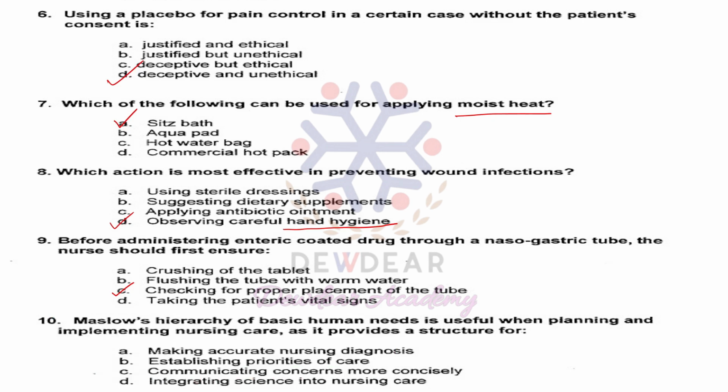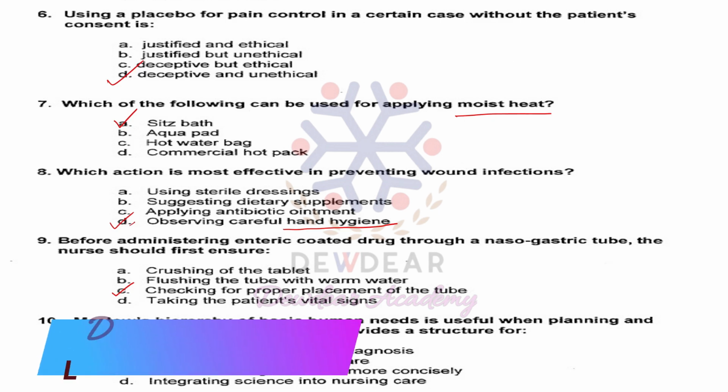So here the question is regarding Maslow's hierarchy of needs. When planning and implementing nursing care based on this hierarchy of basic human needs, it is providing the structure for what? Whether it is to help in making accurate nursing diagnosis, or establishing the priorities of care, or communicating the concerns more concisely, or integrating the science into nursing care.